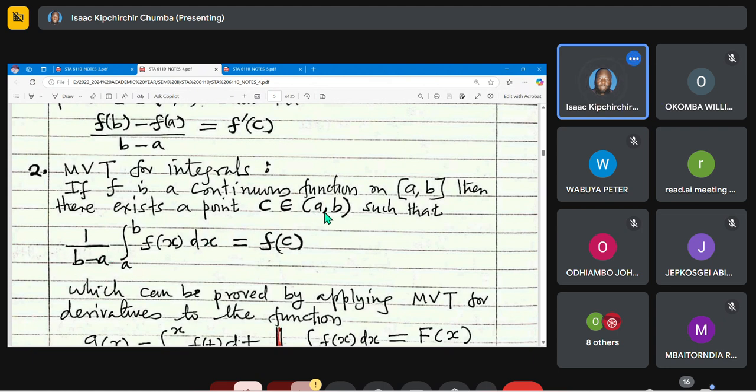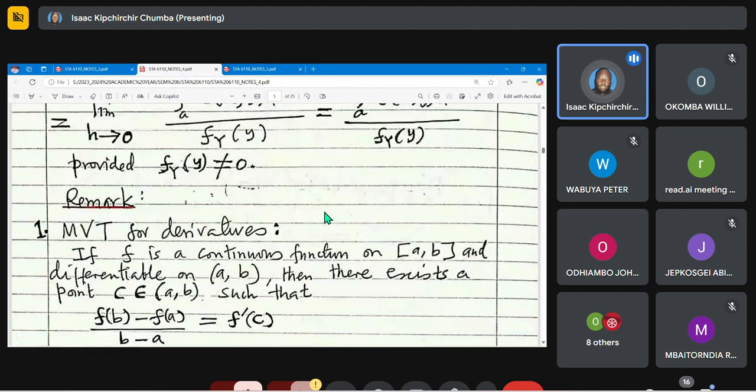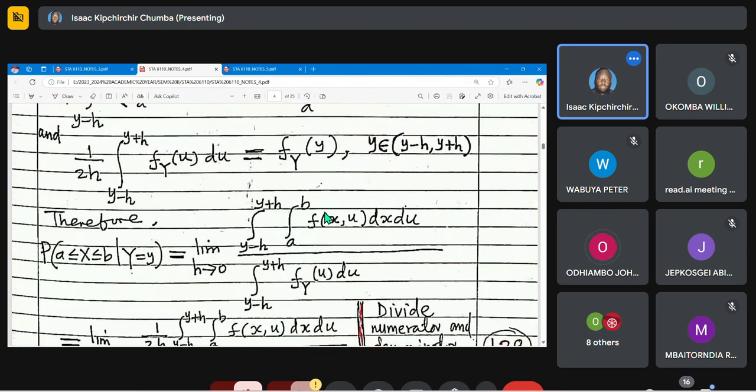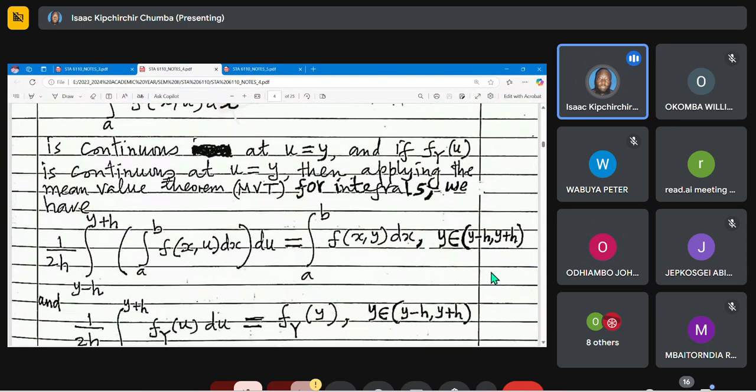It is the length, isn't it? I want whoever has asked the question to respond so that I take you back. Okay, sure. So we are in concurrence now. When you are here, what is the length of this interval? y plus h minus y minus h. Yes, I've seen it. 2h, yeah.